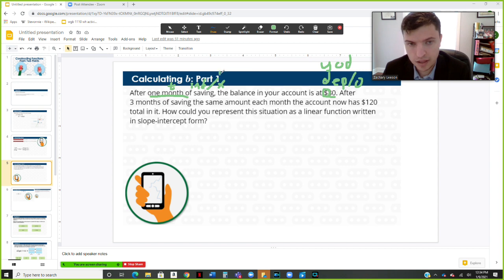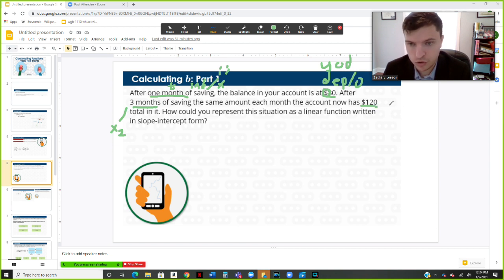And this is going to be my independent variable, or my input. After 3 months, look at that, another time. So that's going to be another input value. I'm going to call that x sub 2. And then after saving the same amount each month, the account now has $120 total in it. I've got $120 after 3 months of saving.